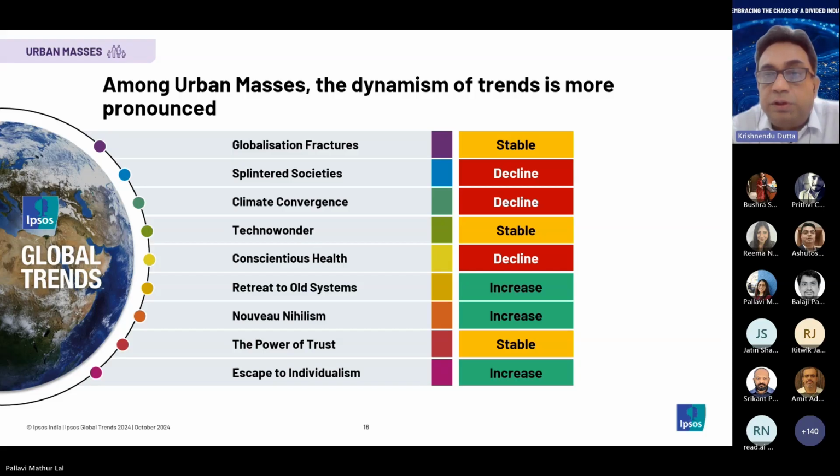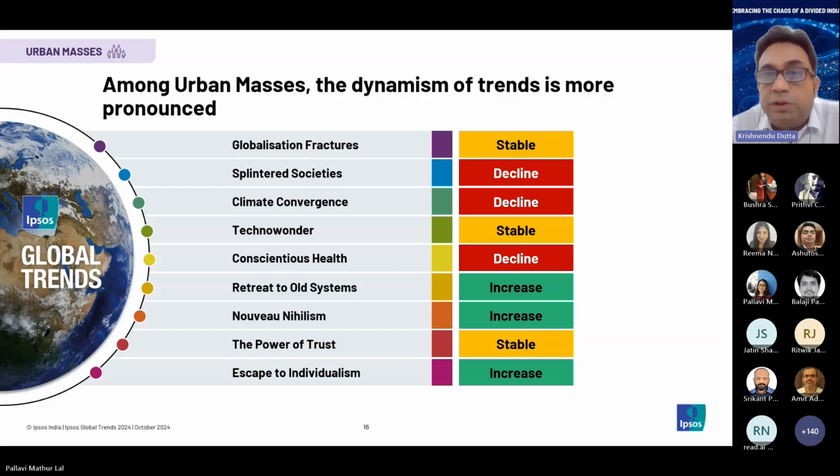So before we come to the last chapter of this, what could be some of the implications for businesses and brands to respond to these trends as they are coming out for India? There is no one ring to rule them all, right? So segmentation is going to be key.